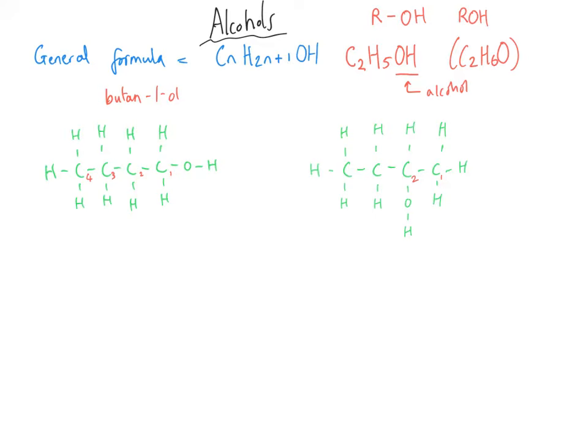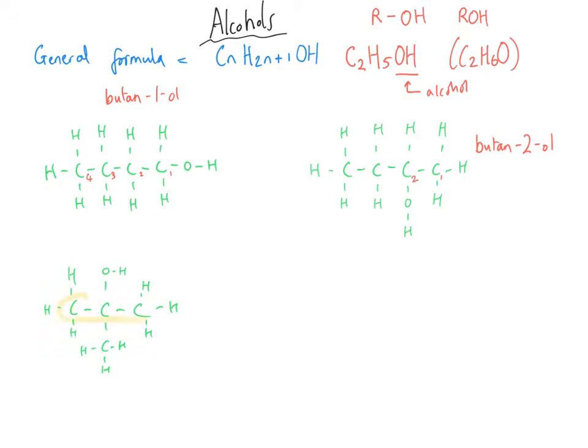So this is now a chain of 4 still. So it's butane. This time the hydroxyl group, the alcohol group, is on position number 2. So it's butan-2-ol.